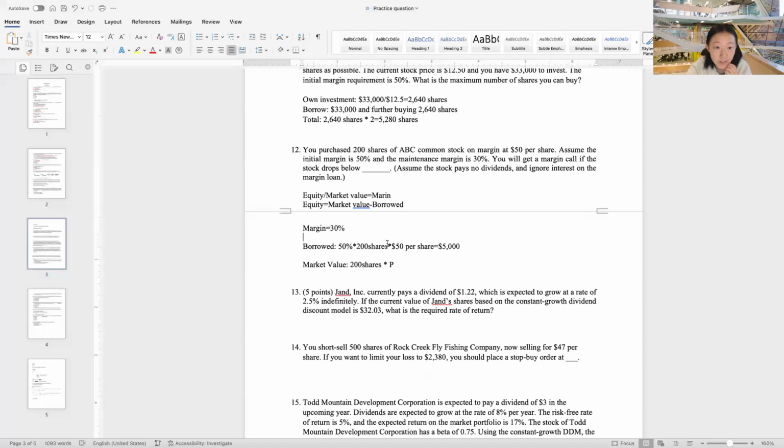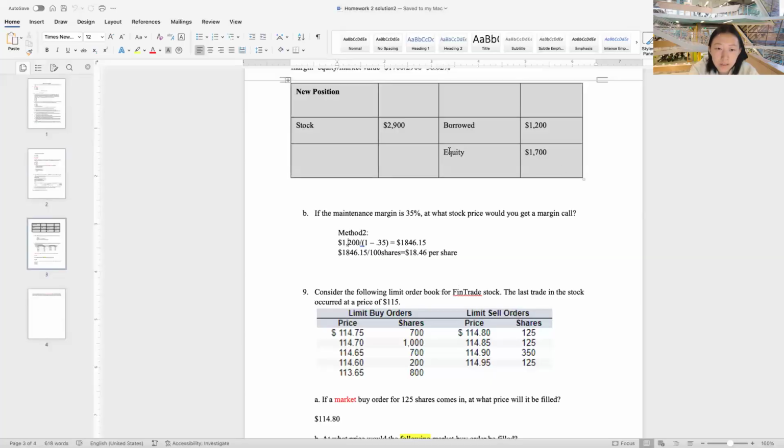Basically, the proportion of equity relative to the market value should equal 30%. That means the borrowed amount divided by the market value equals 70%.